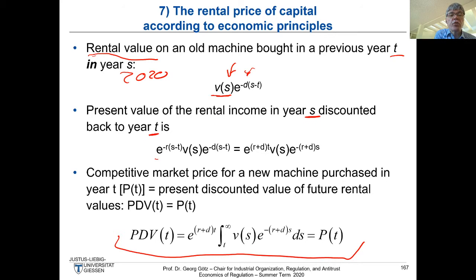This is the value of the machine you buy in 2000, valued in 2020, and you have to just discount that back to the year 2000 in order to know what it is then. And this is just discounting back.